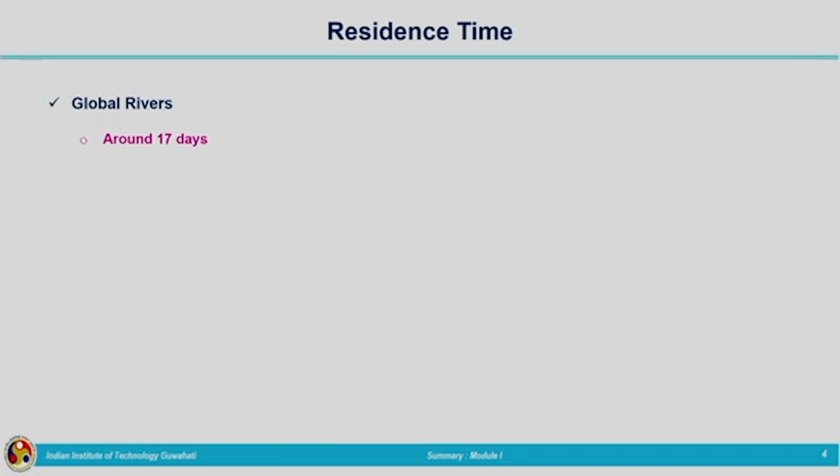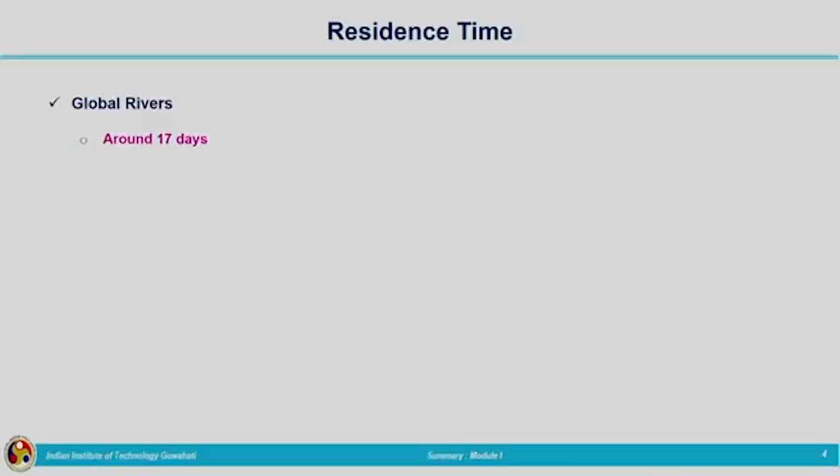And we have seen a particular term known as residence time, how long a particular water particle will be existing in one phase. That is what is meant by the time taken by a water particle to be in a single state.